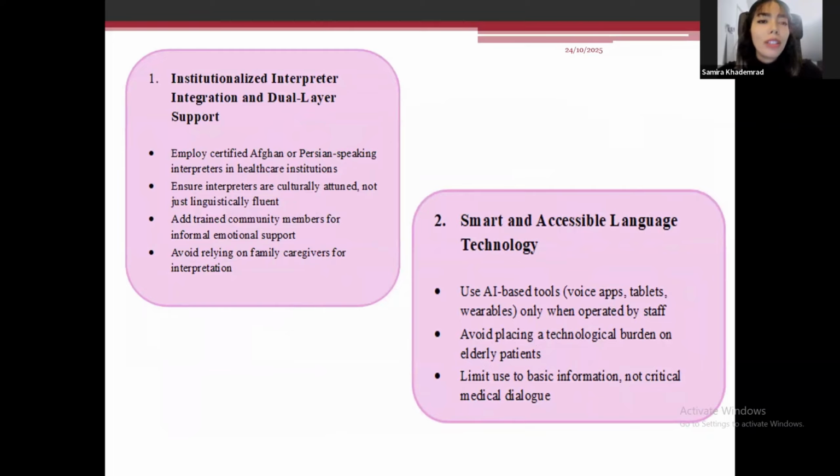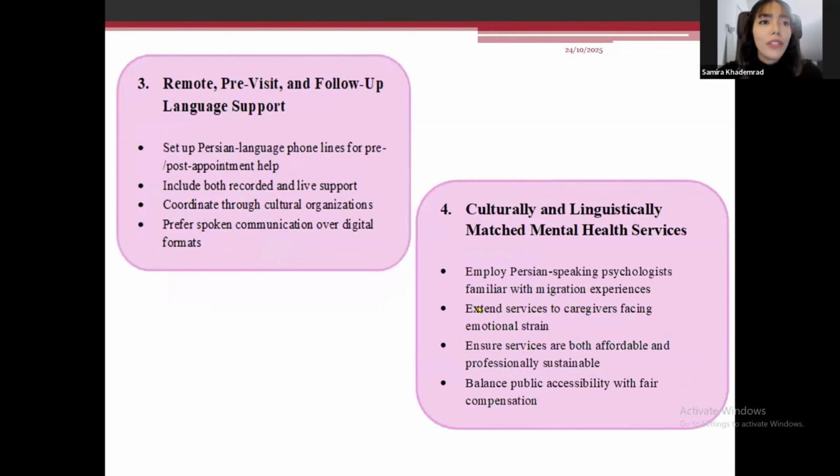They need formal and professional interpreters and translators that are also culturally attuned. Number 2, they suggested smart and accessible language technology, the use of AI-based tools, of course under human supervision. Number 3, remote pre-visit and follow-up language support.